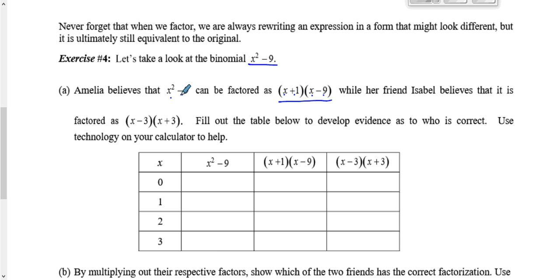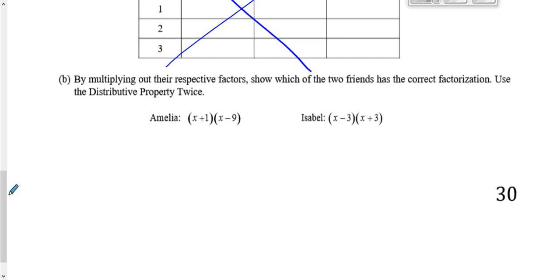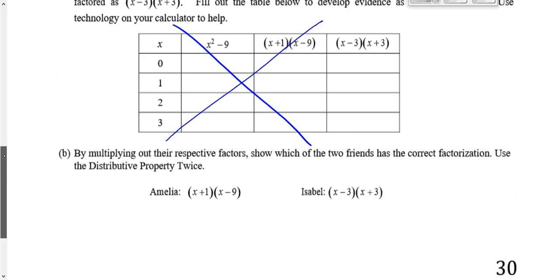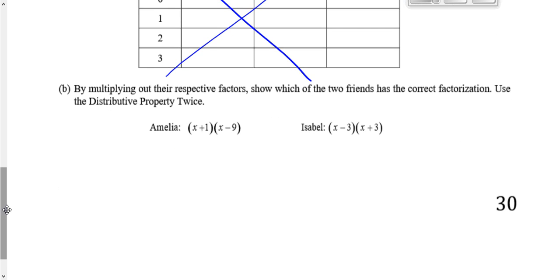I'm going to skip this table, where we'd plug in values for x and find they're not equivalent. Let's go the other way with Amelia. If she says it factors to x plus 1 and x minus 9, then multiplying it out we should get x squared minus 9, right? Let's check it that way.